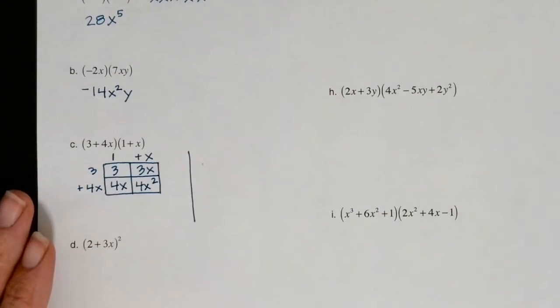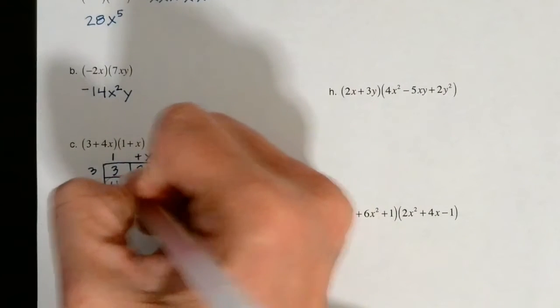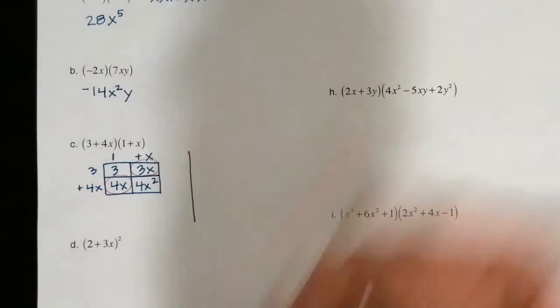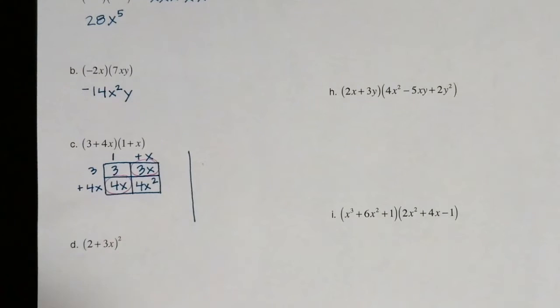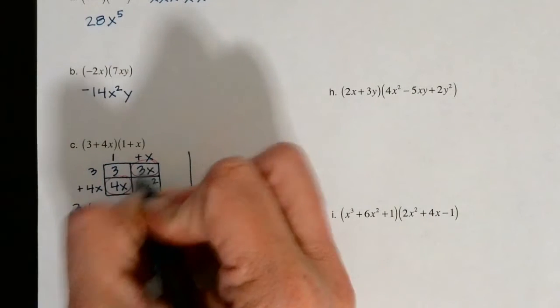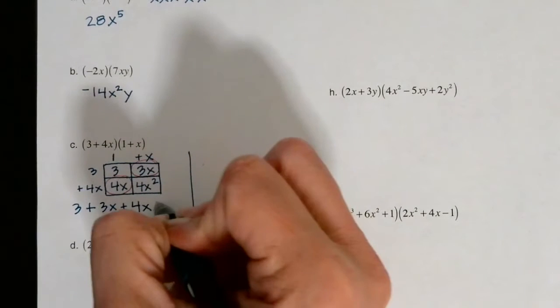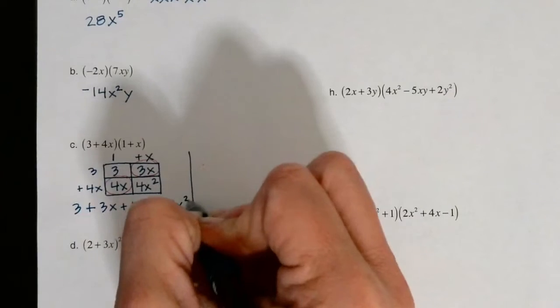Now, if we do circle, square, triangle like we did in the previous lesson, you can see that these two numbers right here are like terms. So it would be 3 plus 3x plus 4x plus 4x squared.